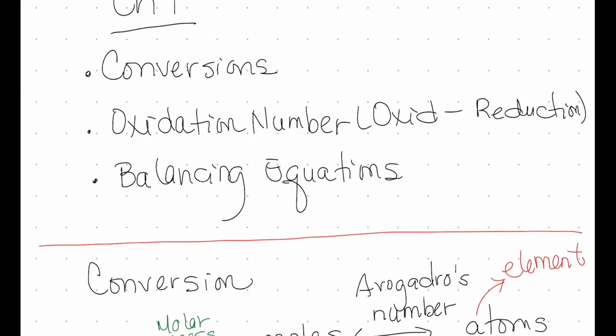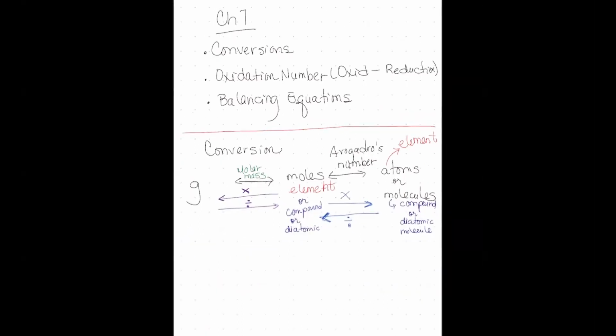If you look at the chart, see the transition, moles to atoms. That's where Avogadro's number is sitting. So only for those transitions is when you need it. Or moles to molecules, and vice versa. That's why I have a double-headed arrow.